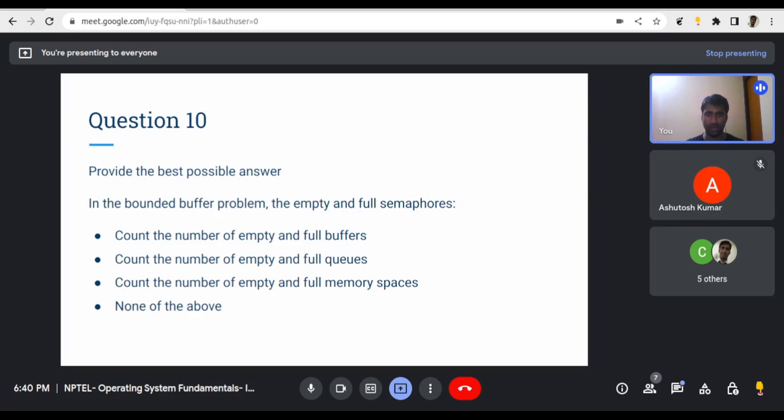So yeah, the bounded buffer problem, as the name suggests, it's a bounded buffer. So the empty and full semaphores count the number of empty and full buffers, obviously. So how many buffers are full? As you may have got an idea from the theory, this bounded buffer problem happens where there is a producer process and there is a consumer process.